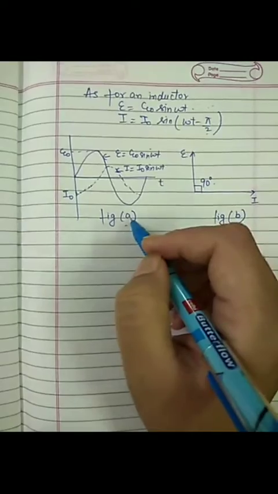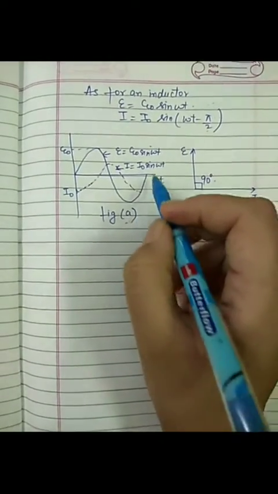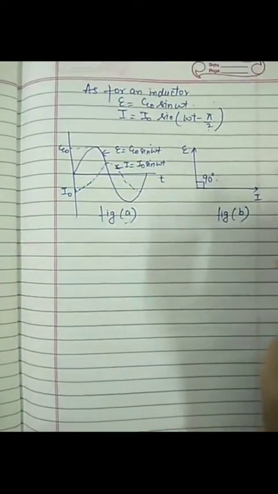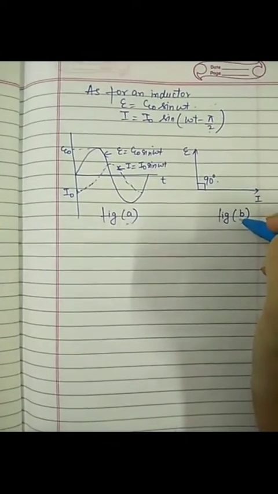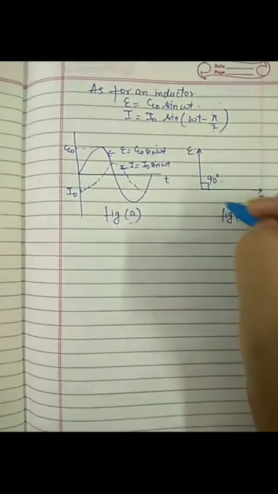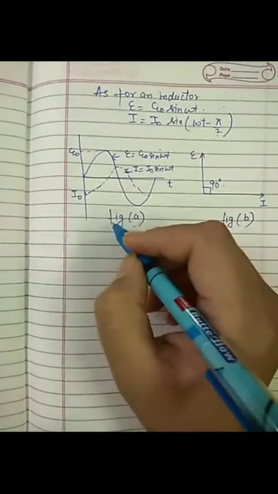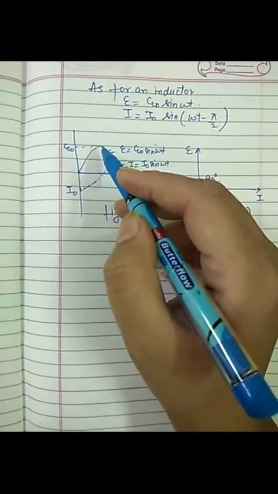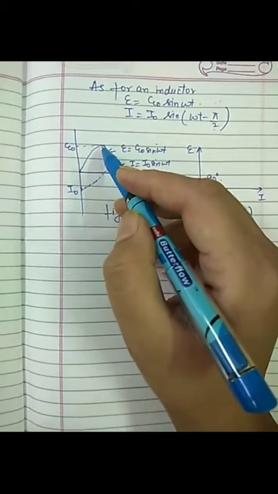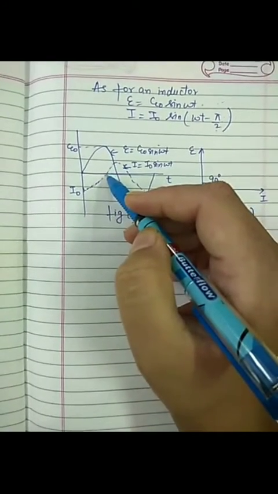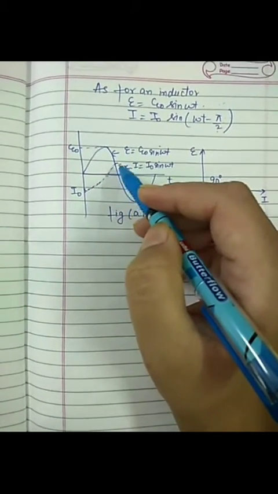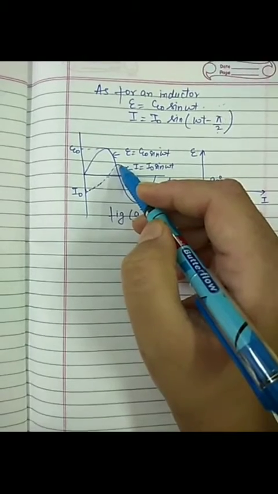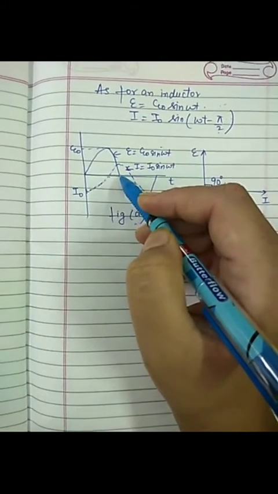Figure A shows the phase relationship between voltage and current, and figure B is the corresponding phasor diagram. From figure A, we can see that when the voltage has its maximum value, the current has its minimum value, and when the current has its maximum value, the voltage has its minimum value.